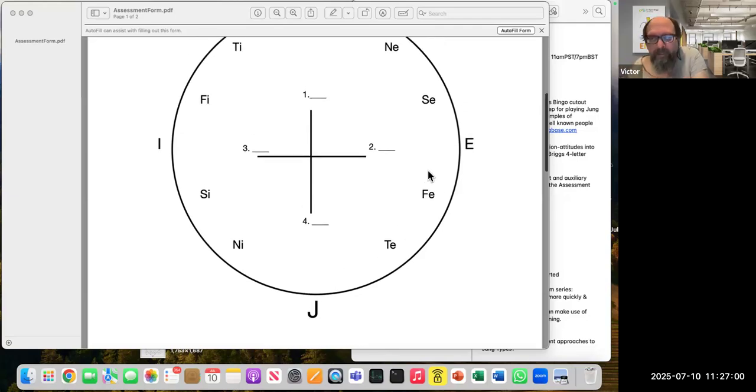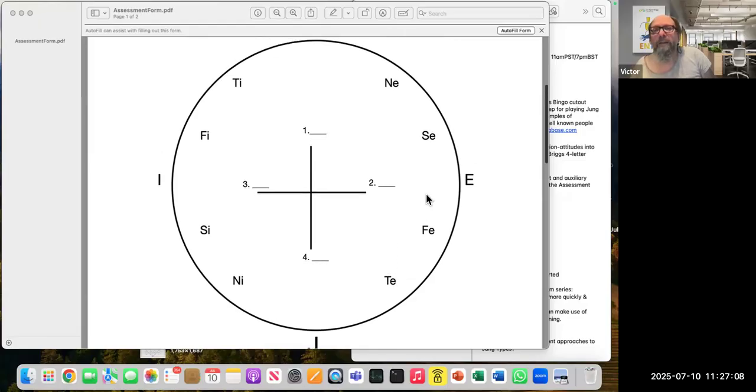And this is why, if you have a rational function in one position, you're going to have an irrational function in the other position.